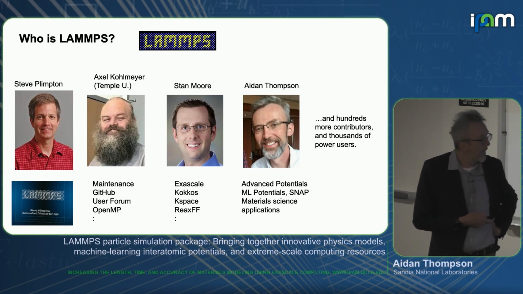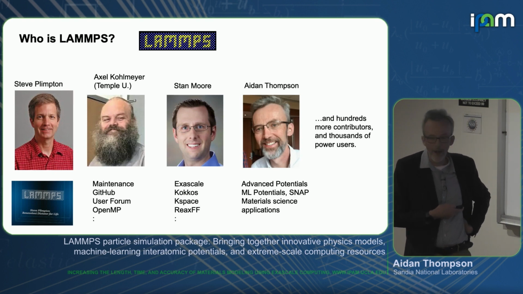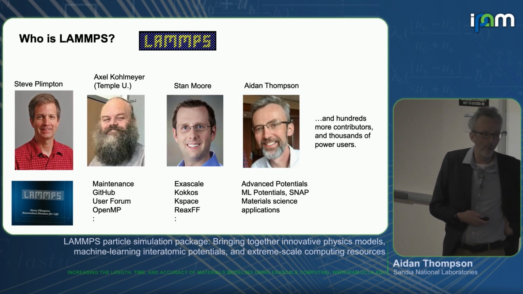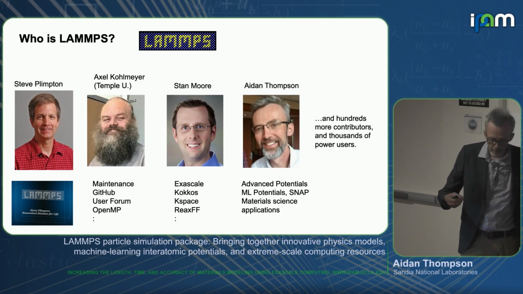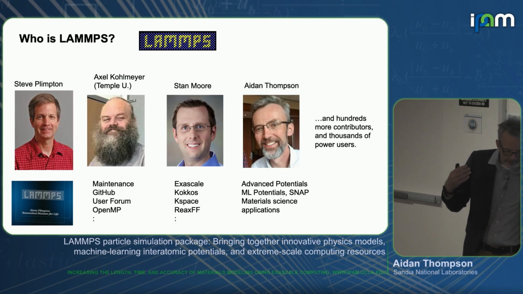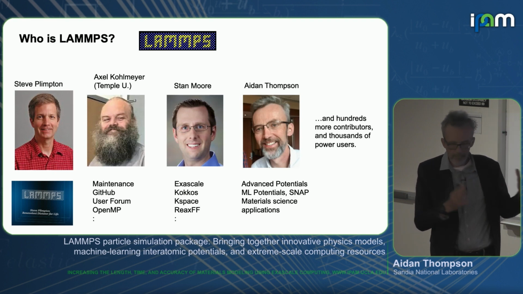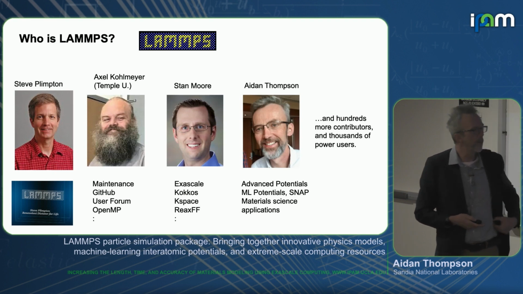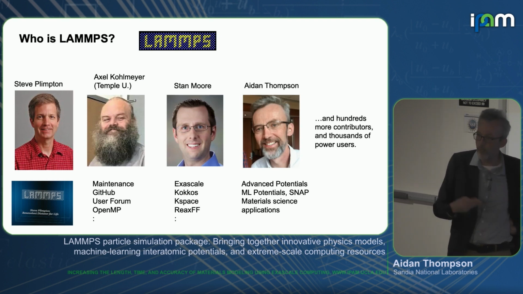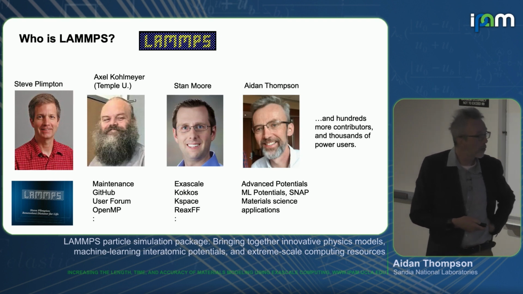The dictator on a daily basis is Axel Kohlmeyer, who does a huge amount of work handling pull requests and constantly cleaning up the code, both legacy code and also new submissions, and making sure that everything is getting better and better rather than worse and worse in terms of code quality.